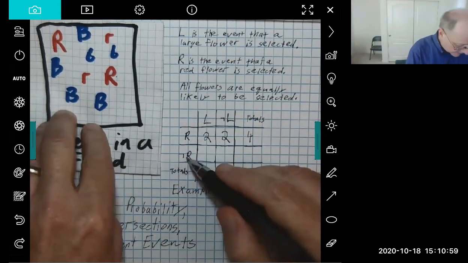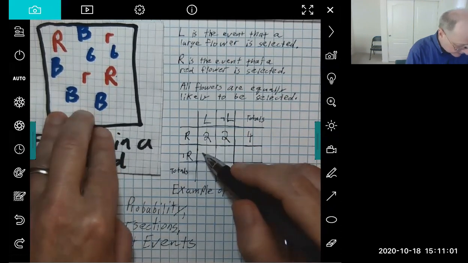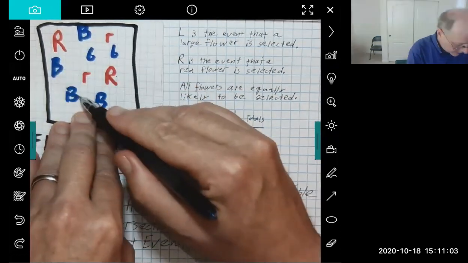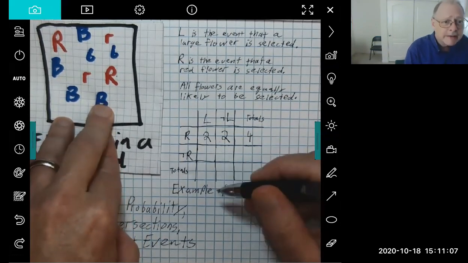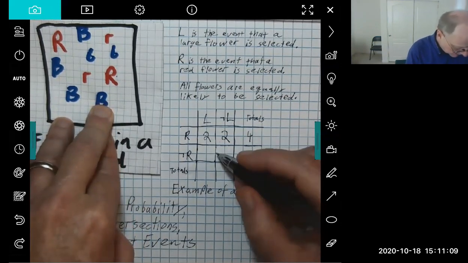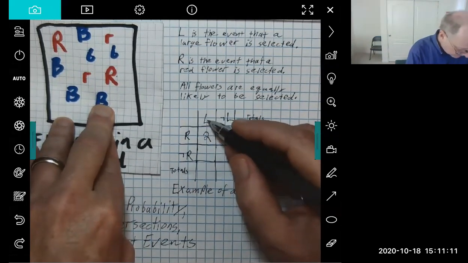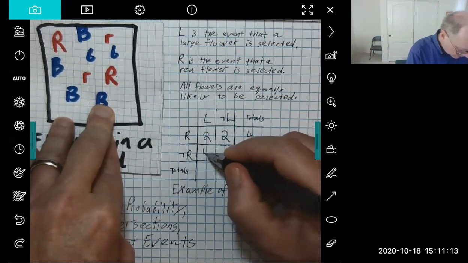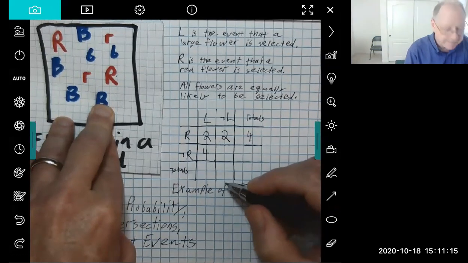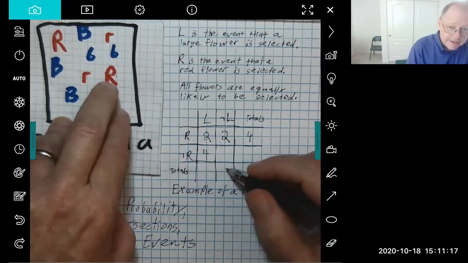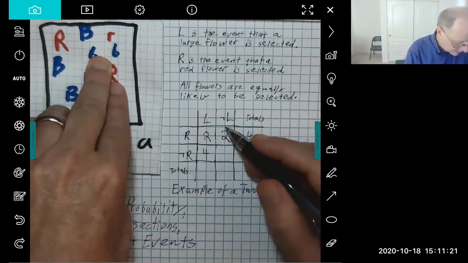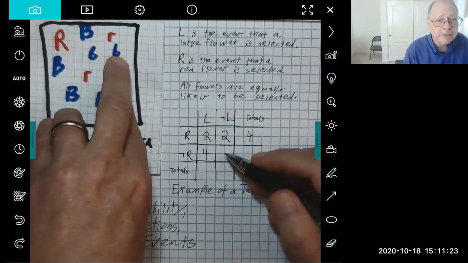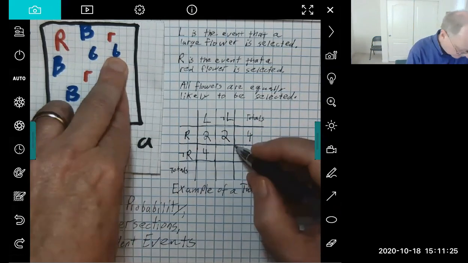And then let's see, I've got some large flowers that are not red. Those are the 4 capitalized blue flowers. So 4 large, not red flowers. And then the flowers that are neither red nor large, it's these 2 lowercase blue flowers.